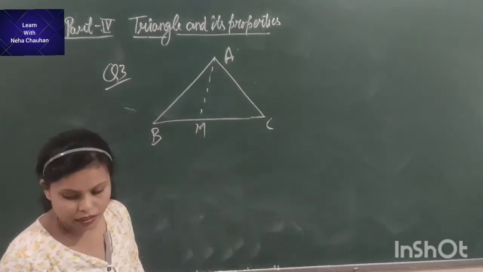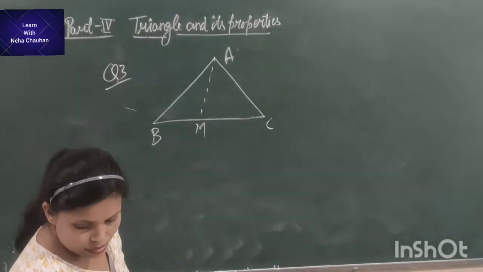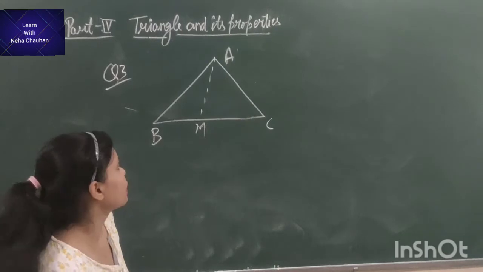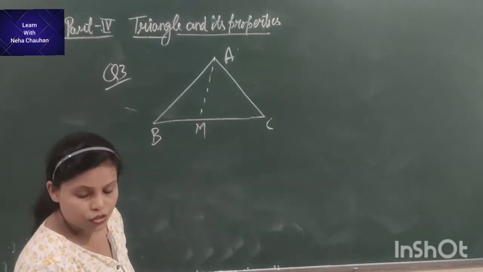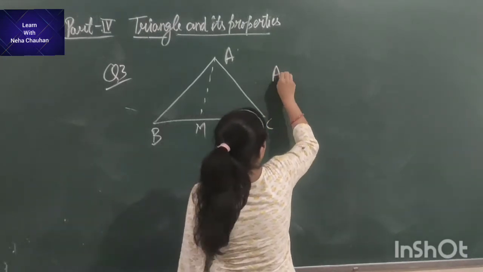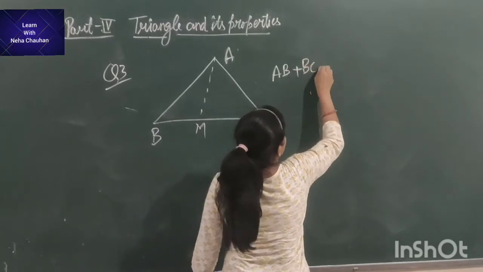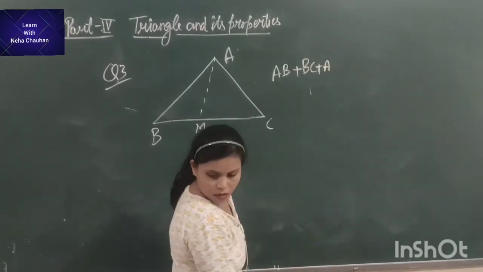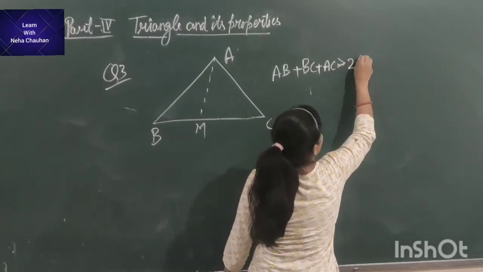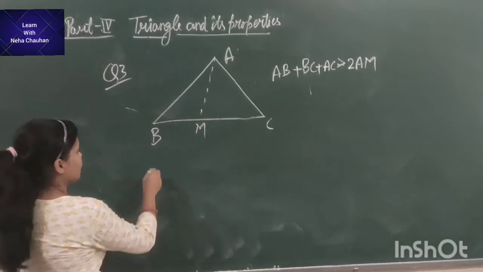Now, is AB plus BC plus CA greater than 2AM? So we have to prove that AB plus BC plus AC is greater than twice of AM.